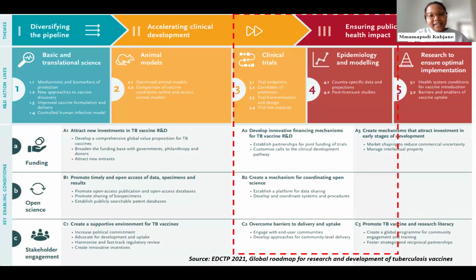So in terms of the TB vaccine pipeline, this figure shows the roadmap for research and development and where mathematical modeling will start to play a role. And I'm glad Sheetal started the talk with giving more background on the use of mathematical modeling.